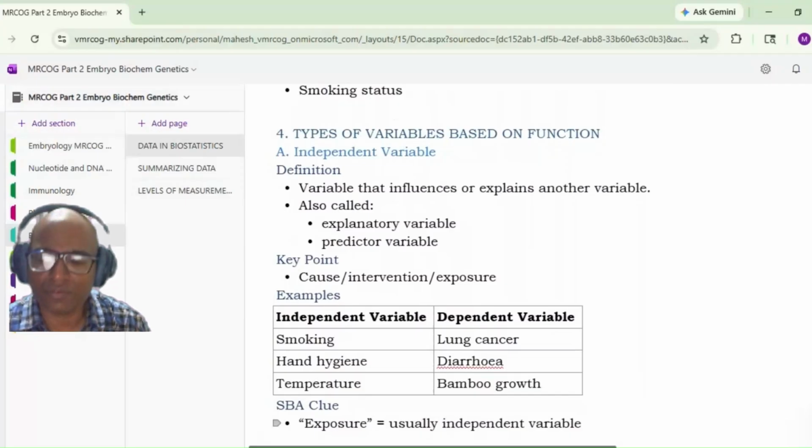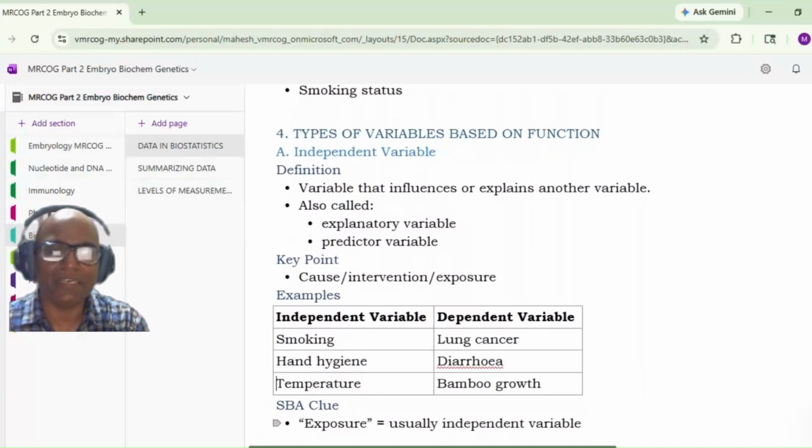So when you are given some scenario and asked what type of variable it is, look for key points, such as this is the cause, or this is the intervention, or certain things are exposed to certain things, and that leads to something else. So these are the things we should look for, like this causes this.